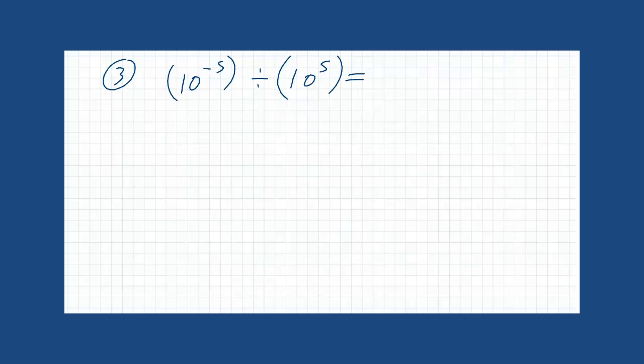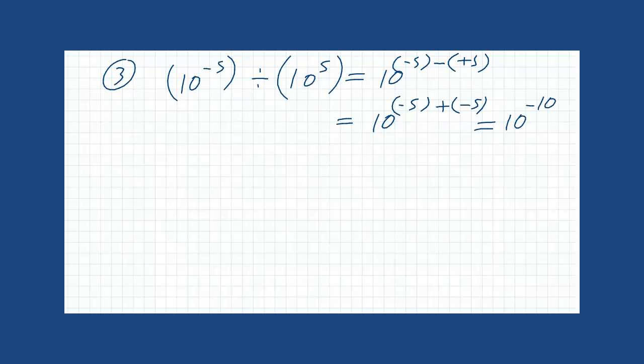We will say 10 to power negative 5 minus positive 5. Using the rules of subtraction for signed numbers, you will say 10 to power negative 5 plus negative 5. This will give us 10 to power negative 10.